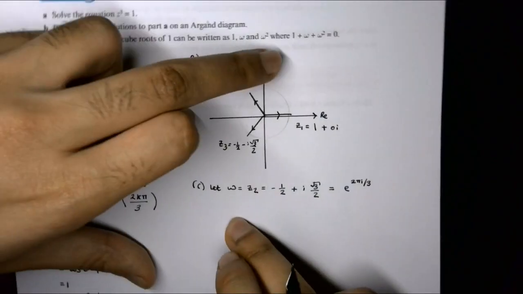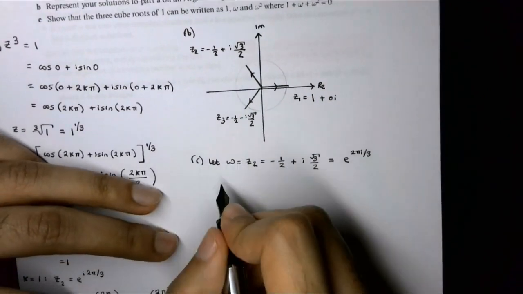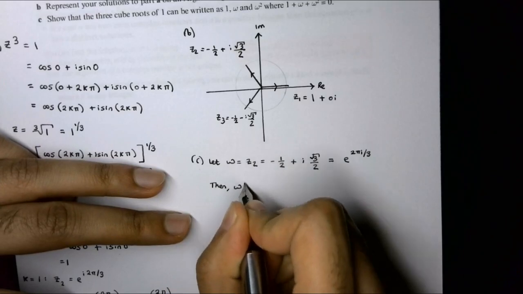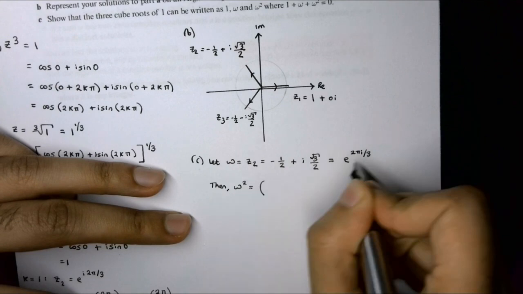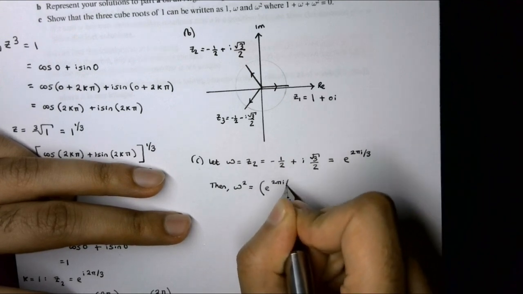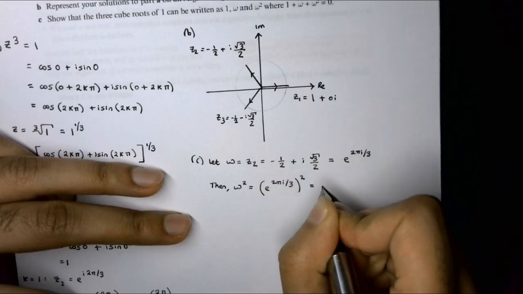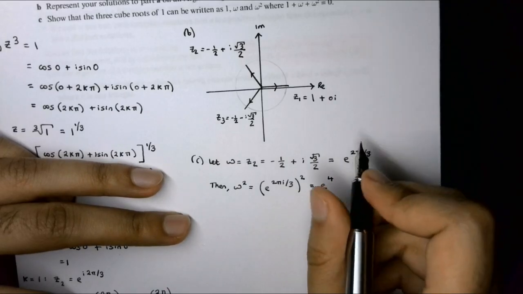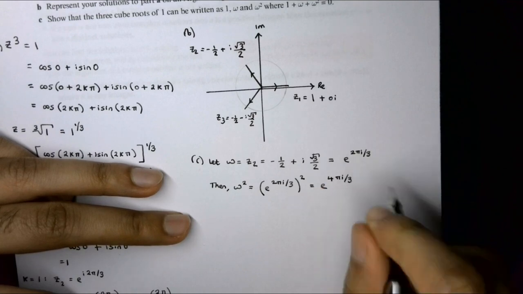Now if we work out what omega squared is, because that's in the question, we can see here omega squared will equal this value over here, e to the 2 pi i over 3 squared, which is equal to e to the power of 4 pi i over 3.